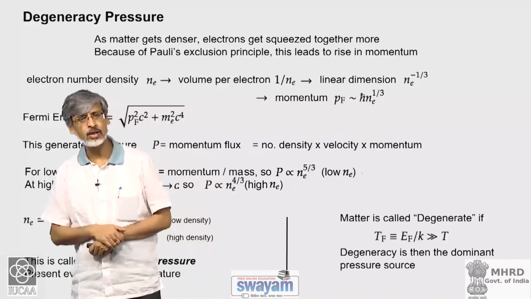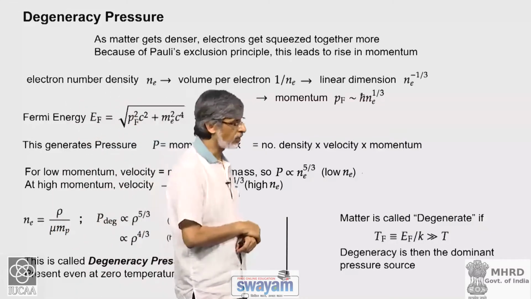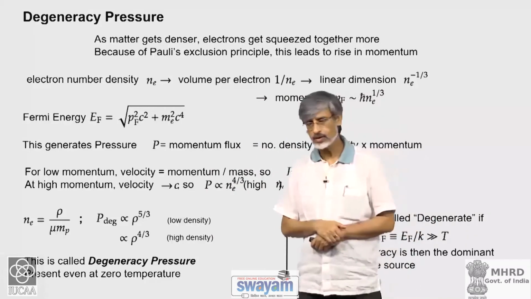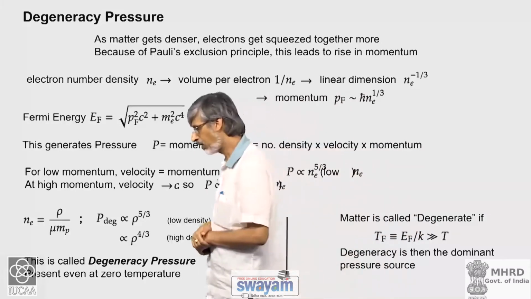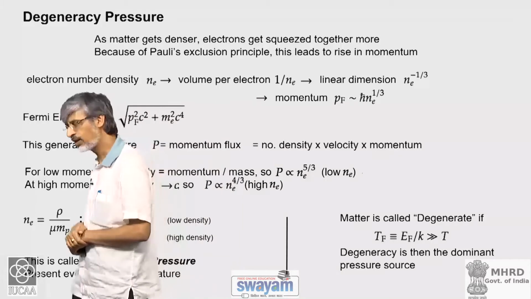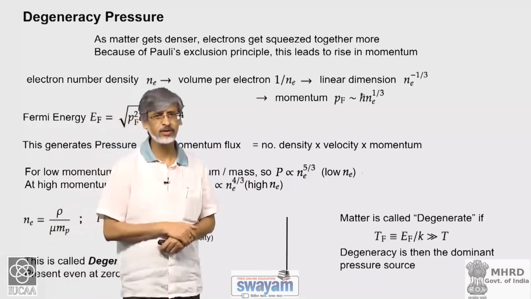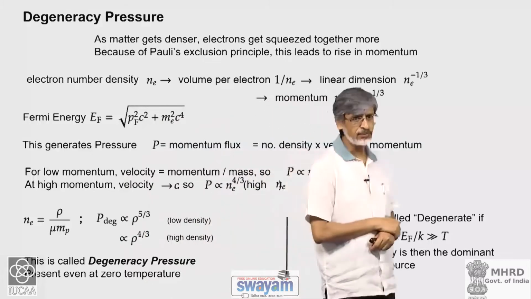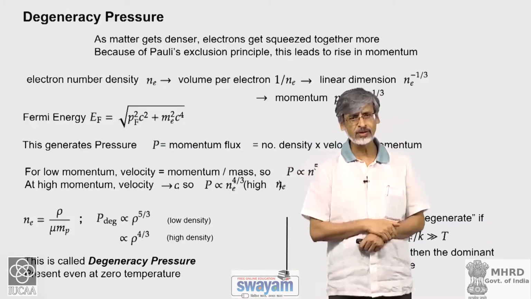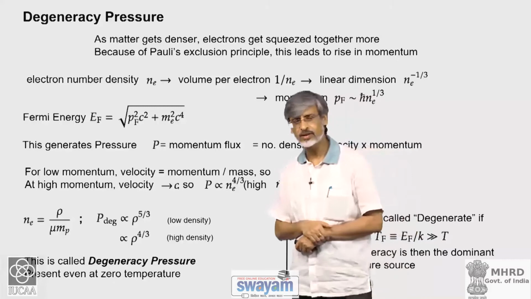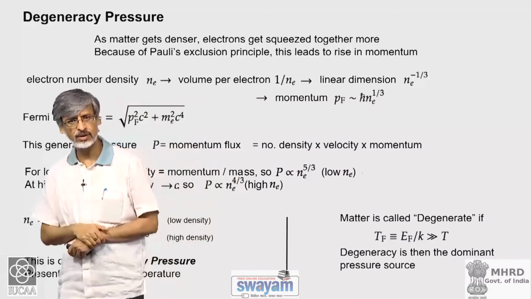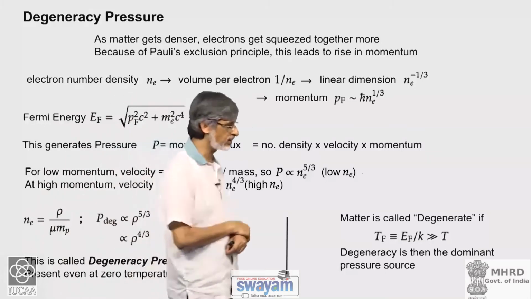So, the total mass density of matter is number density of nucleons times the mass of nucleons. So, mass of nucleons is m p, and if there are mu number of nucleons per electron, then the number density of nucleons is mu times n e, where n e is the number density of electrons.